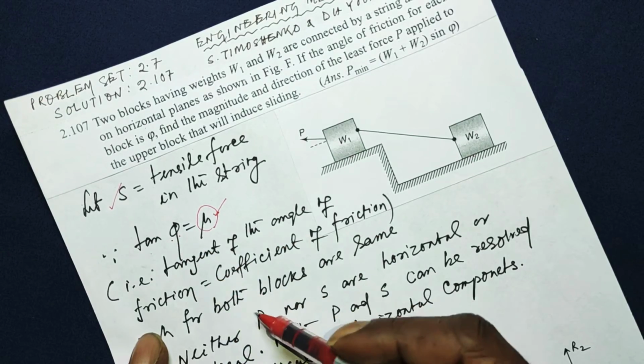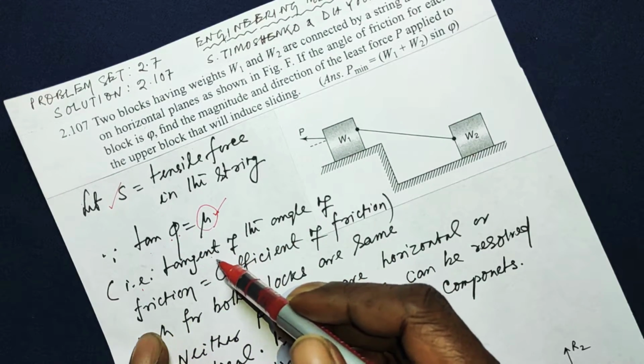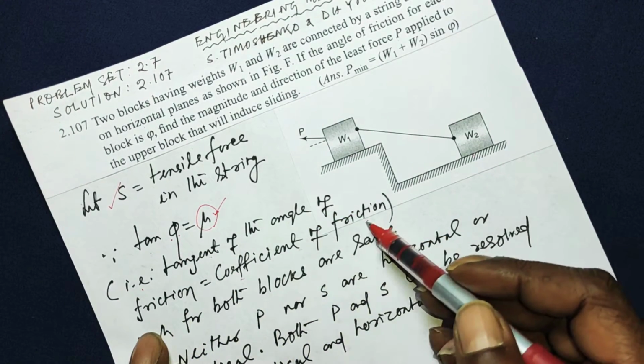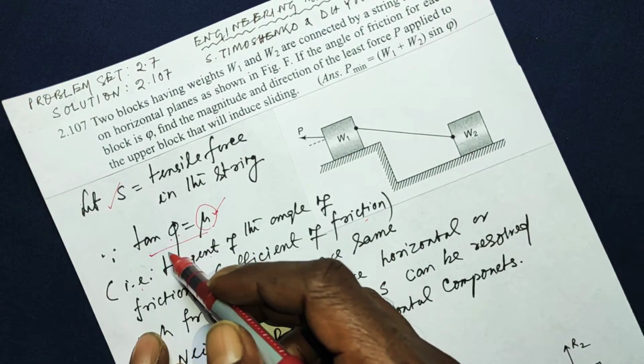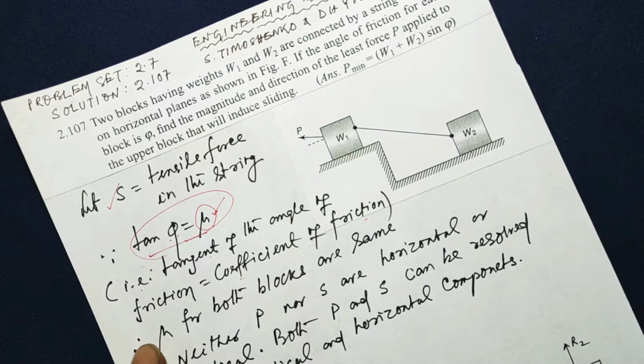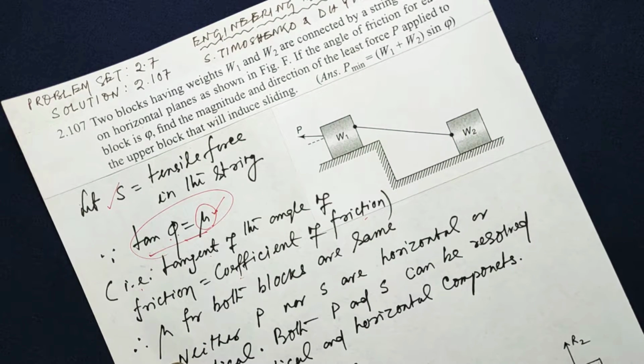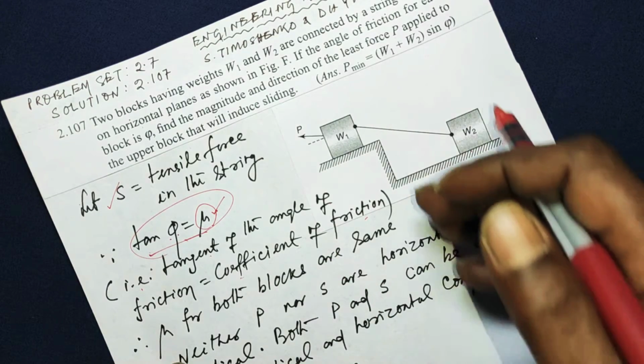What do you mean by this? The tangent of the angle of friction is equal to the coefficient of friction. This is the English translation of this mathematical expression, which you derived in your school days. I will derive it once more here and then solve it.